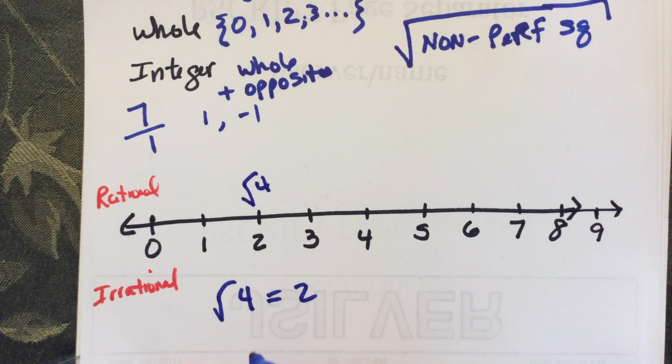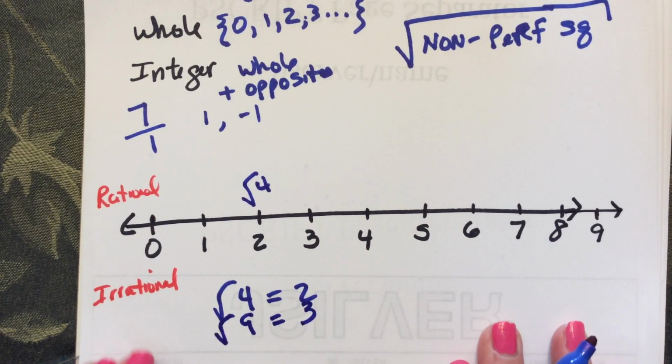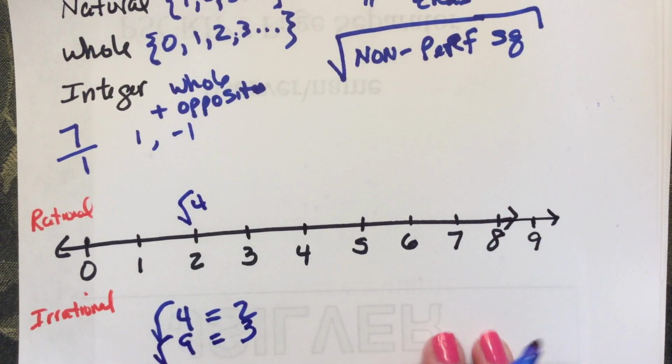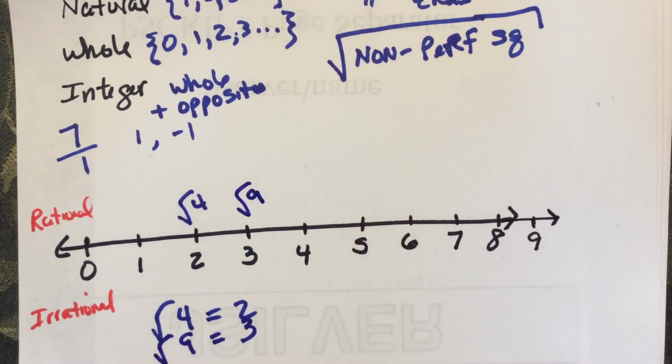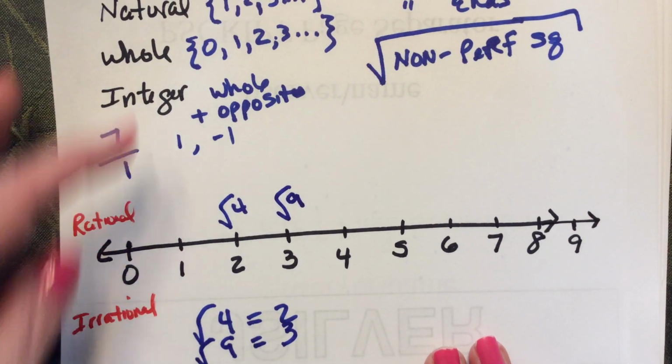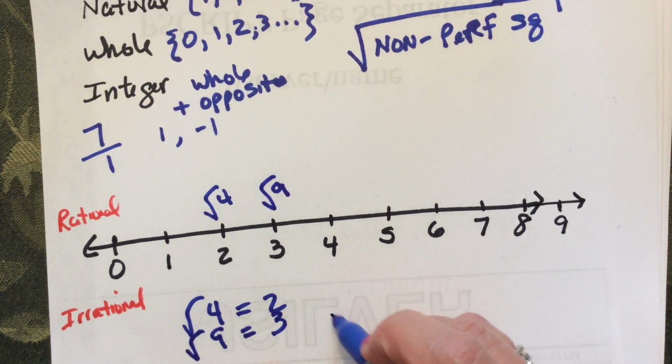Let's try square root of 9. Well, we know the square root of 9 is 3, so on my number line here, I'm going to put square root of 9 right here, okay? And let's try a different type of number now. Let's try the square root of 3.